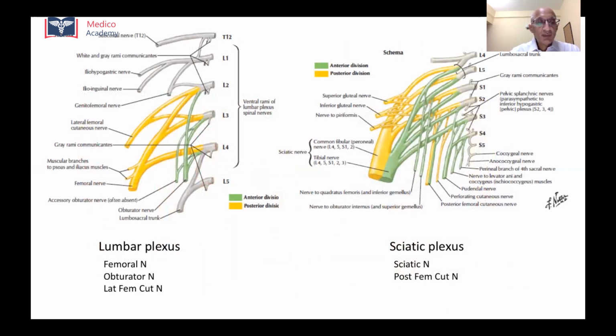There are three nerves from lumbar plexus, femoral, obturator, and lateral femoral cutaneous nerve, and two from sciatic, the sciatic nerve, and the posterior femoral cutaneous nerve of the thigh, which are of importance to us in lower limb regional anesthesia.